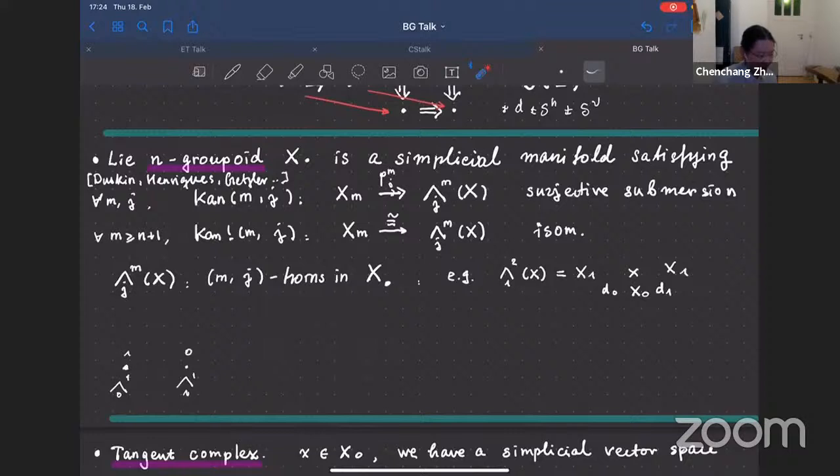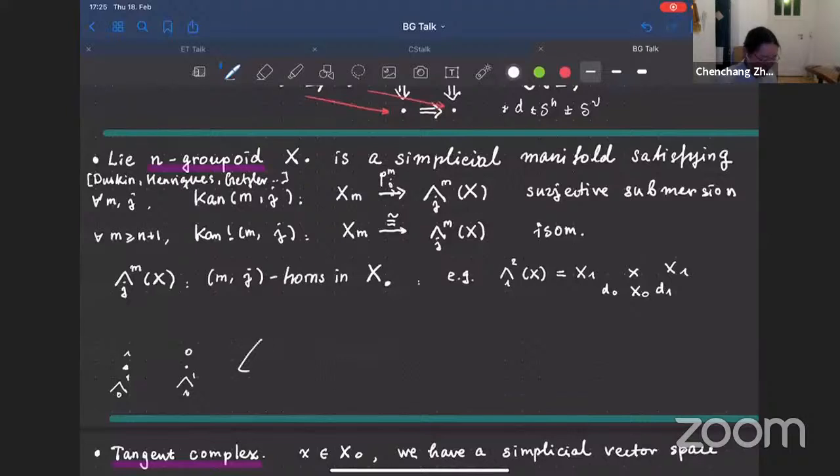And this horn space, let me explain a little bit. This notation denotes the (m,j) horns in X. Maybe it's easy to draw a picture.